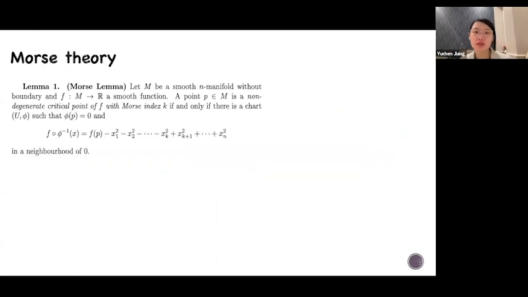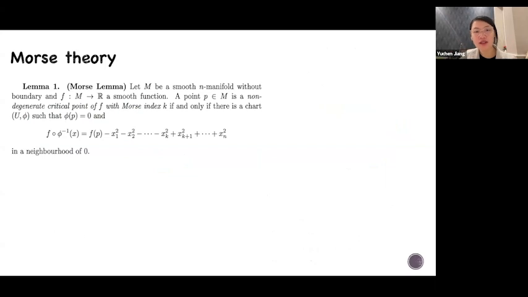This observation is crucial and we will make it more precise with the help of Morse theory. So Morse's lemma tells us that for a smooth n-manifold without boundary and a smooth function f, a point P is a critical point of f if locally it looks like a paraboloid.